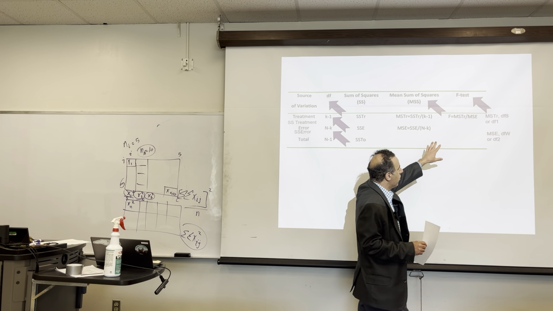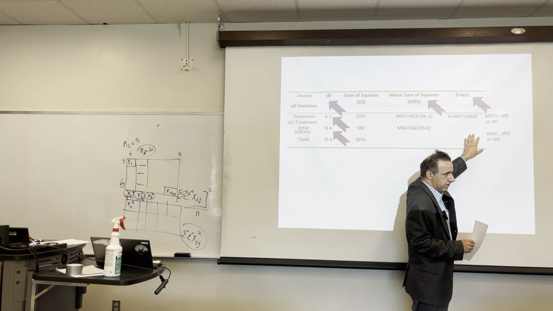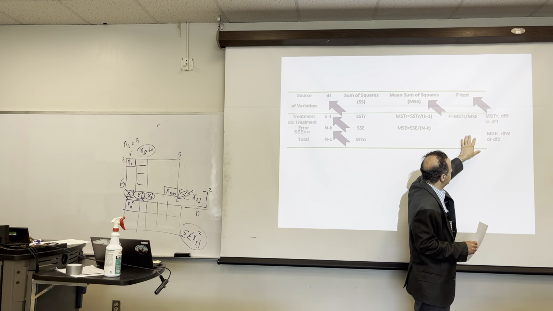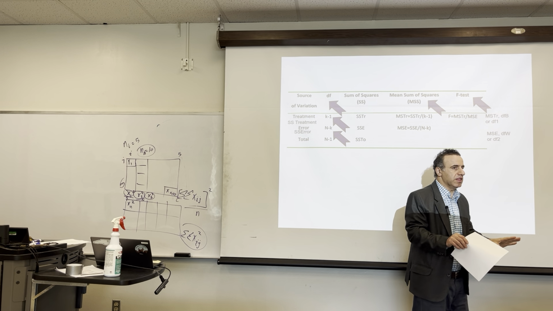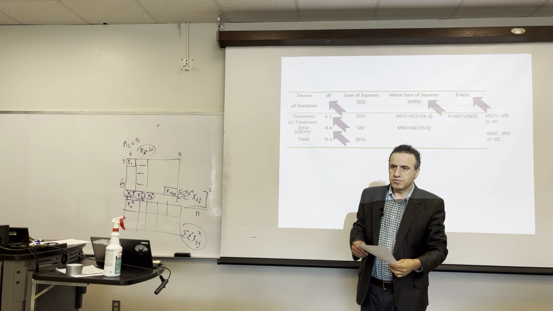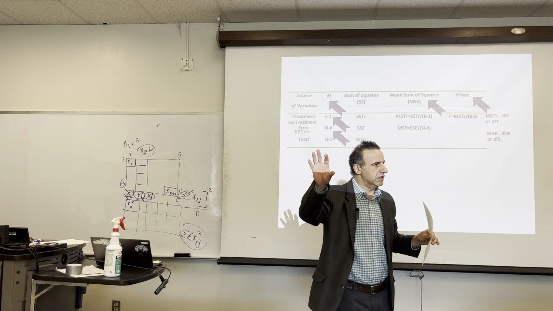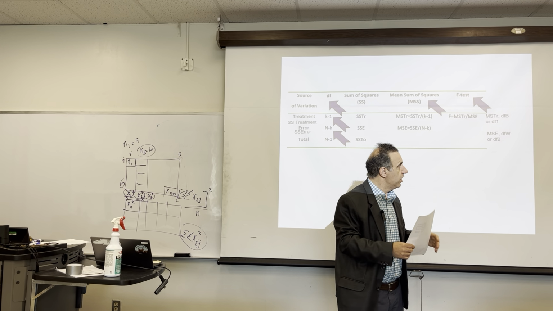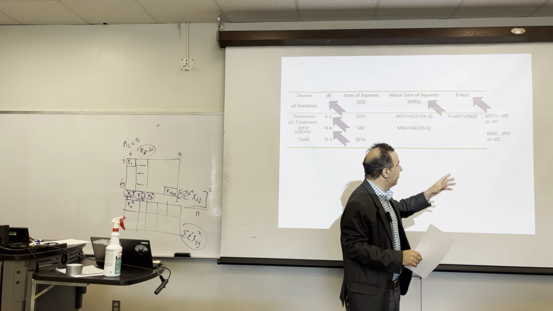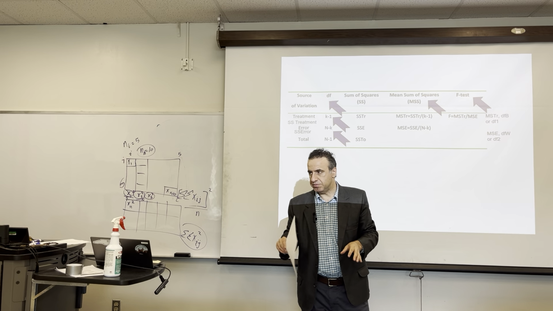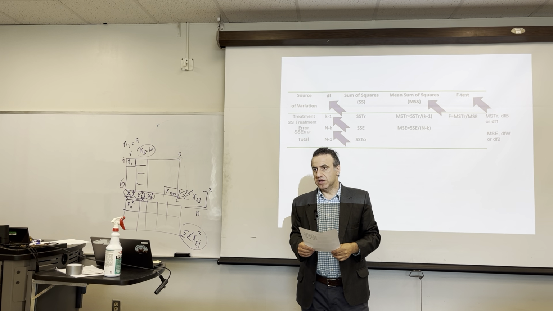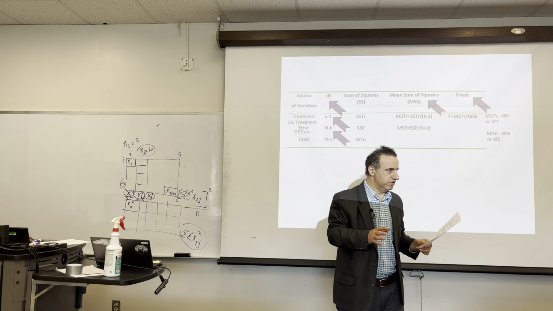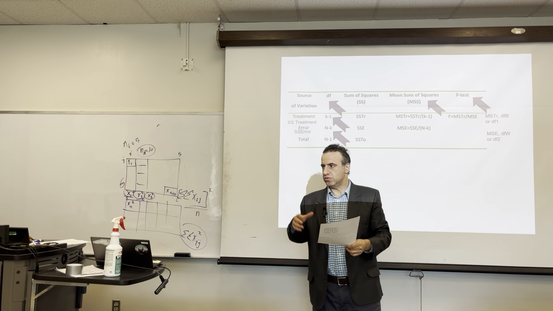This is called calculated F, right? The statistic F. And then there is a critical F on the chart. You find that F from the chart and you compare them. If your computed F is bigger than the chart F, or the critical F, that means there is a significant difference between the machines, or healthcare or other things.